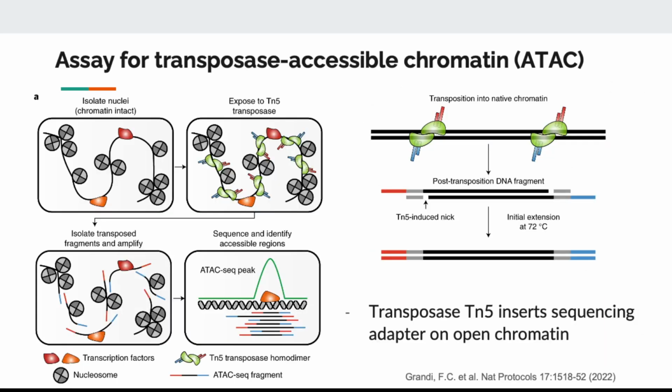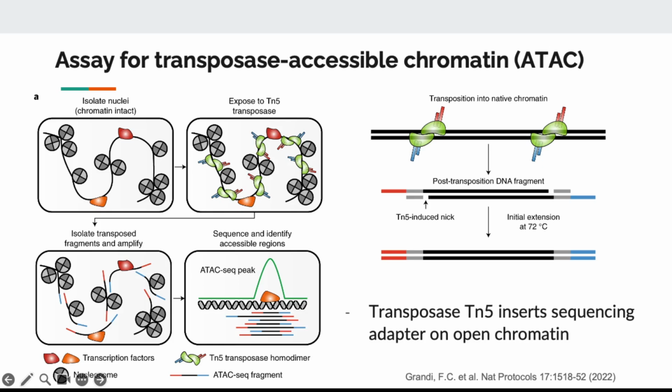With ATAC sequencing, ATAC is from assay for transposase accessible chromatin. It uses transposase, which is also an enzyme that can insert itself into the chromosome. In this case, the transposase is connected to a sequencing adapter. So if the transposase can access the DNA where it's open and insert itself into the DNA, it will also insert the sequencing adapter.